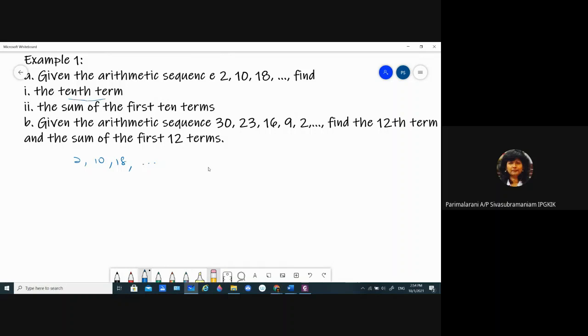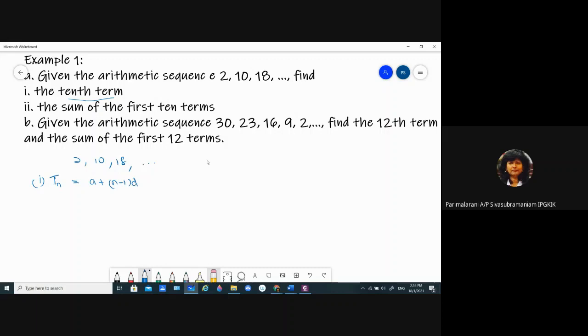So what are we finding here? T10. What is the formula for Tn? Tn is a plus n minus 1 d.